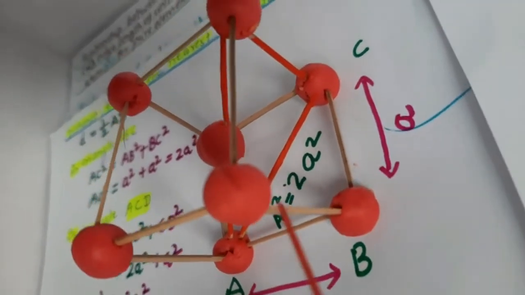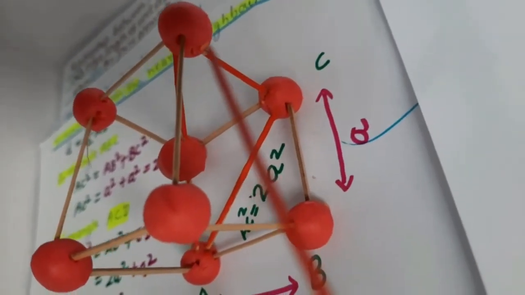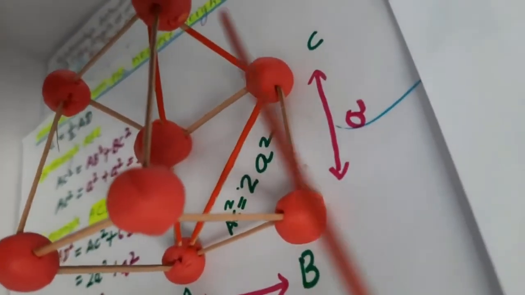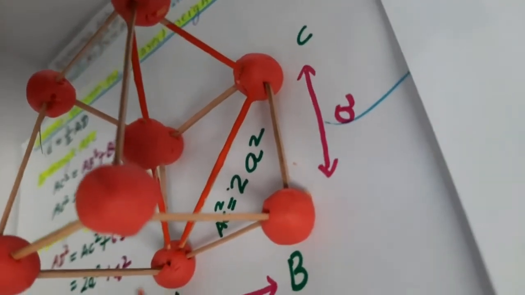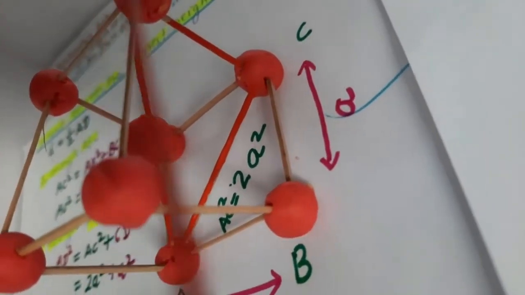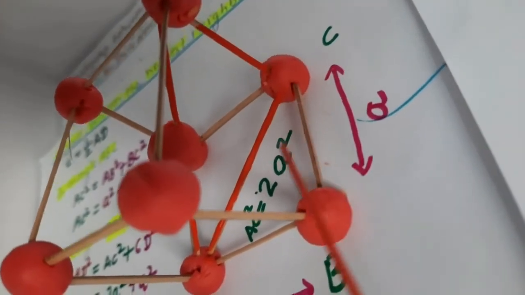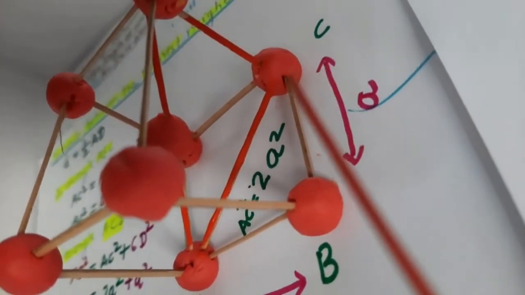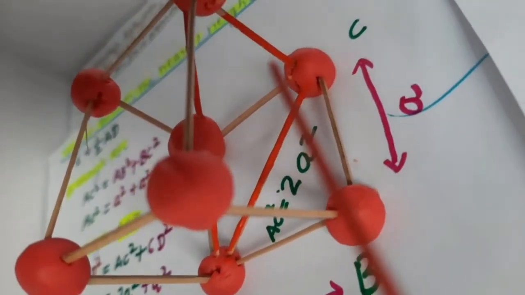Then we'll consider the longer triangle, this triangle ACD. We can see from the figure that this ACD is a right angle triangle. Here, this edge length, that is CD, is perpendicular to the diagonal AC. So, this triangle ACD is a right angle triangle.